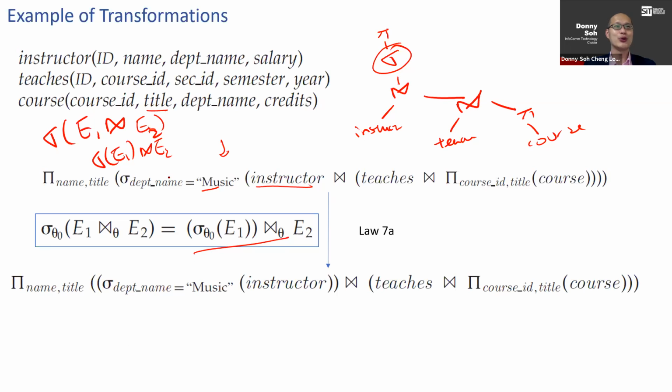Okay, so this sigma will push to do the selection on the instructor operation first, followed by doing the join operation. Okay, so if I were to draw this out now, this is going to look like this.